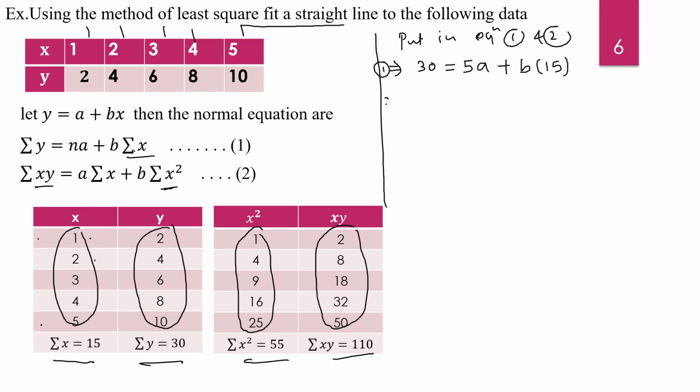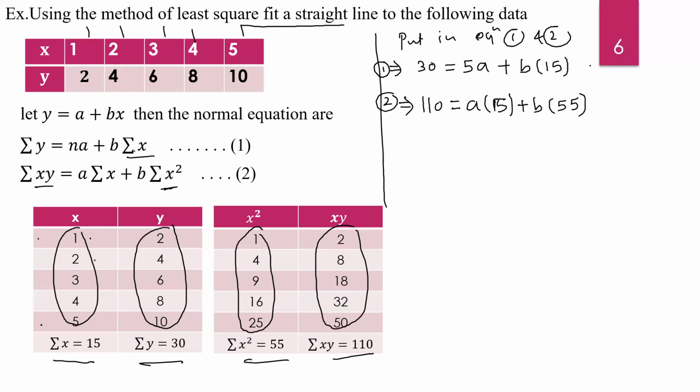Now next, equation 2. The left hand side is summation xy. That is 110, is equal to a summation x, which is 15, plus b summation x square, that is 55.